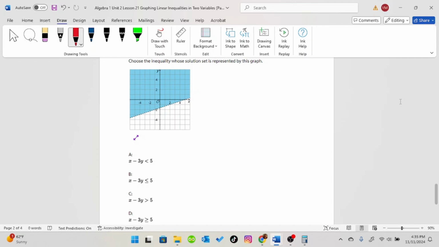Our next practice problem says choose the inequality whose solution set is represented by this graph. The first thing to notice is that there is a dashed line.